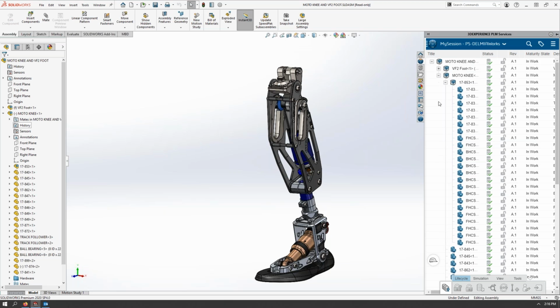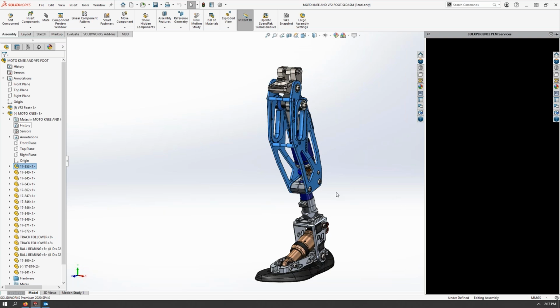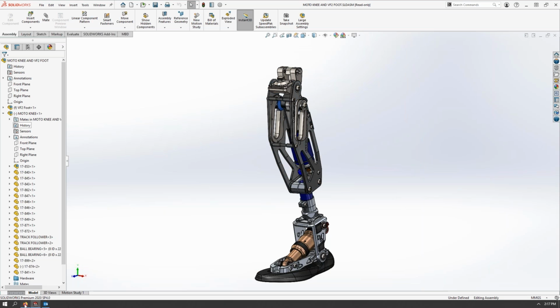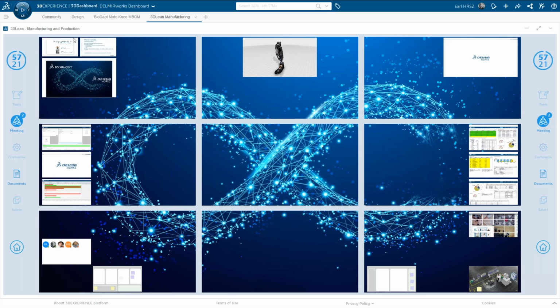Ultimately, we're going to follow this portion of the leg, the calf leg, as it were, and see where it takes us within the context of the platform. So I'm going to go into this space then.